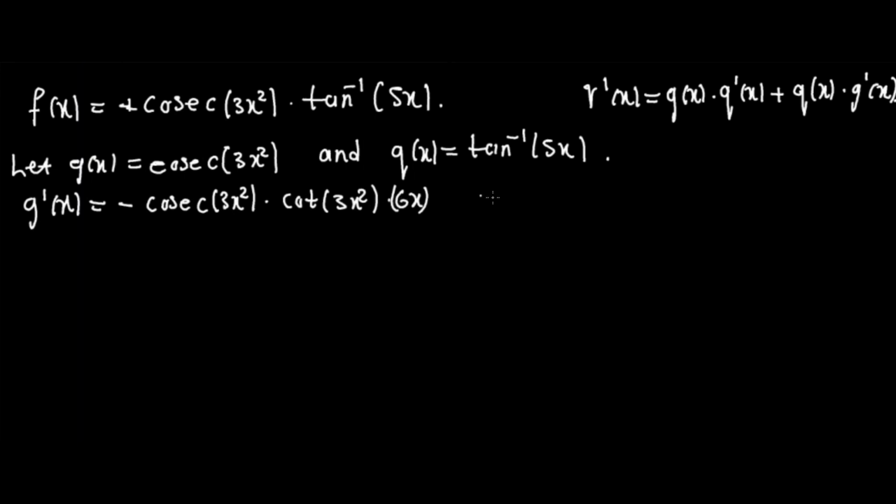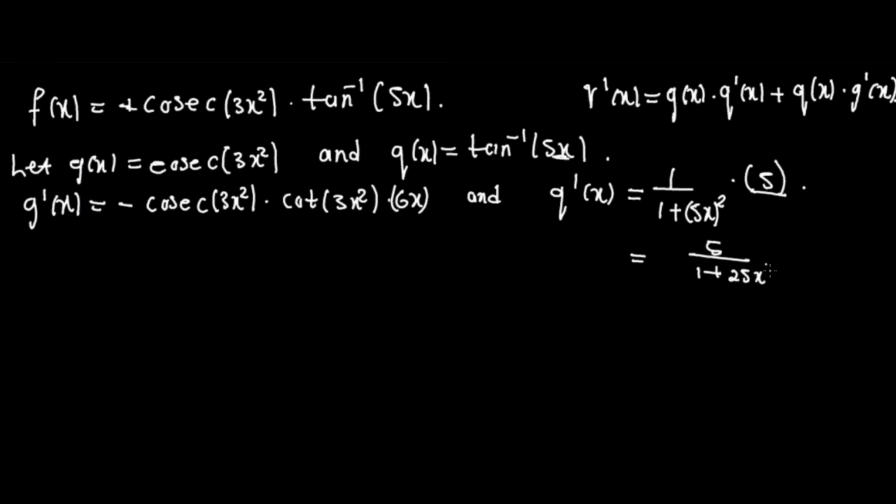And q prime of x, the derivative of arctangent of 5x, is equal to 1 over 1 plus 5x all squared, times 5 for the derivative of the angle. So this is equal to 5 over 1 plus 25x squared.